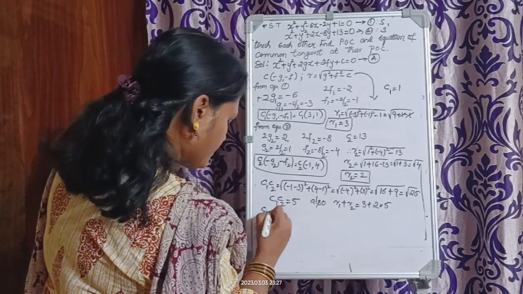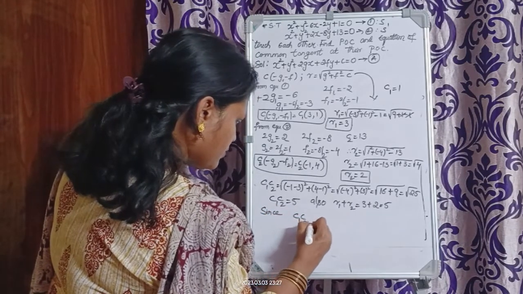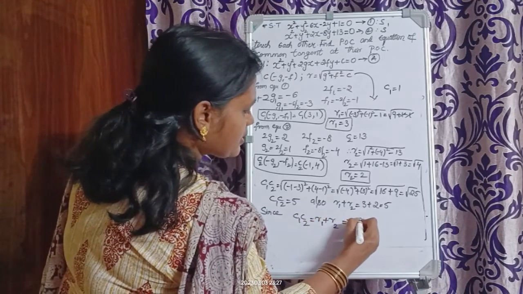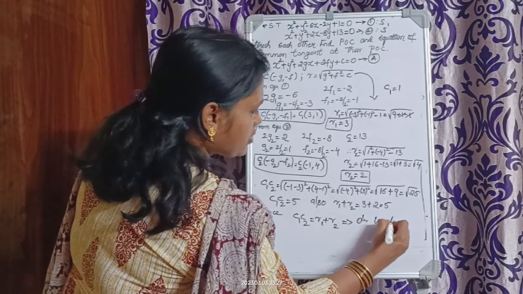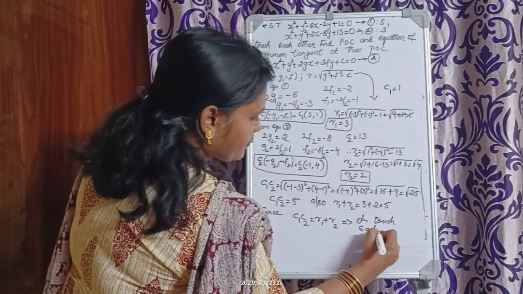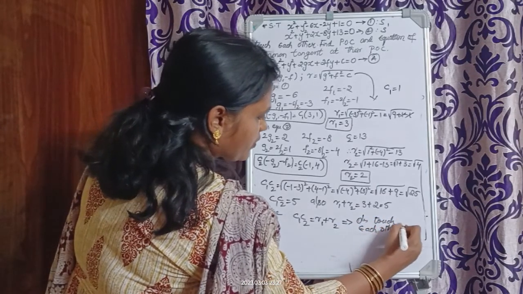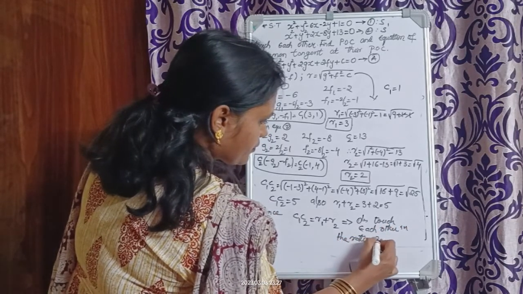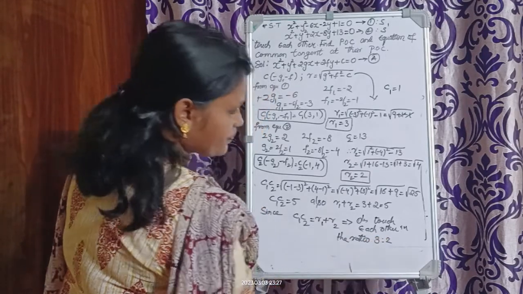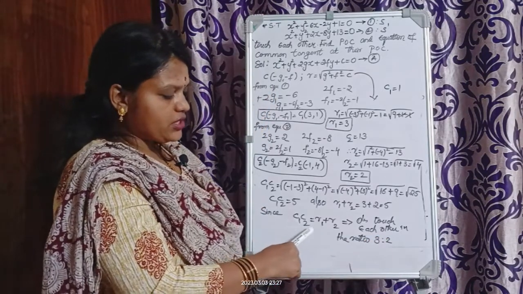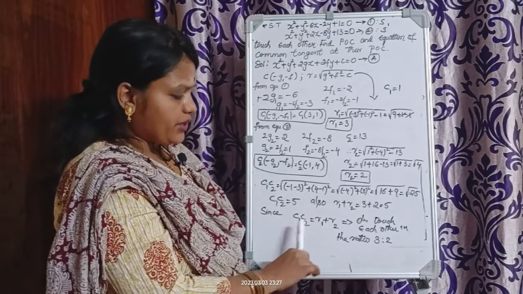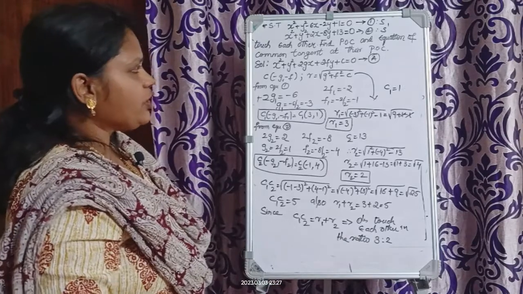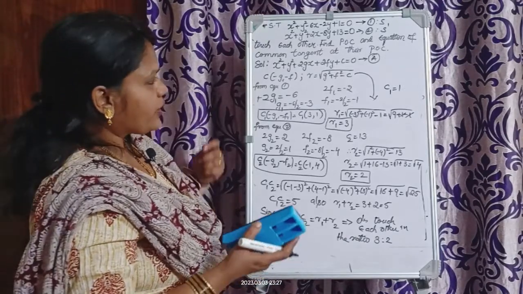Since C1 C2 is equal to R1 plus R2, the circles touch each other externally. In the ratio 3:2. Now we need to find the point of contact, right?